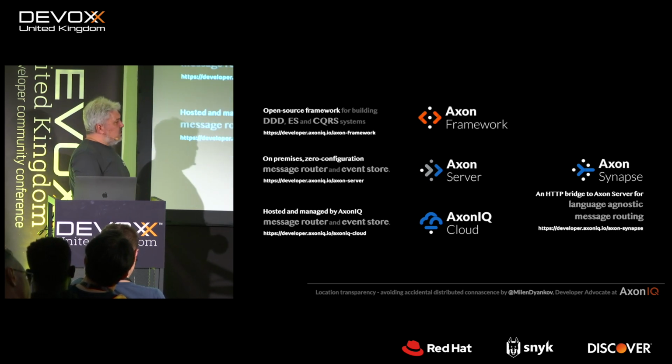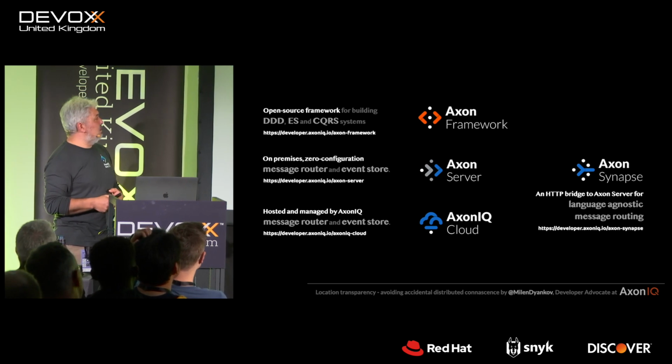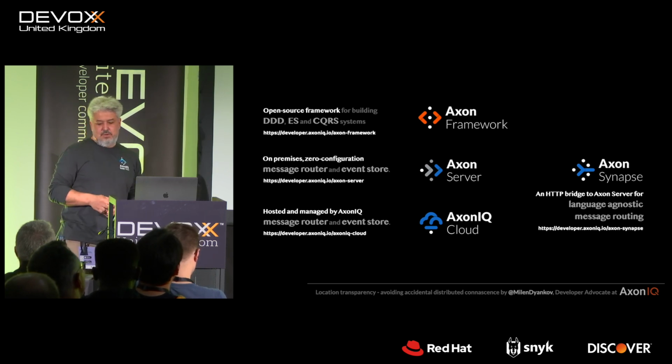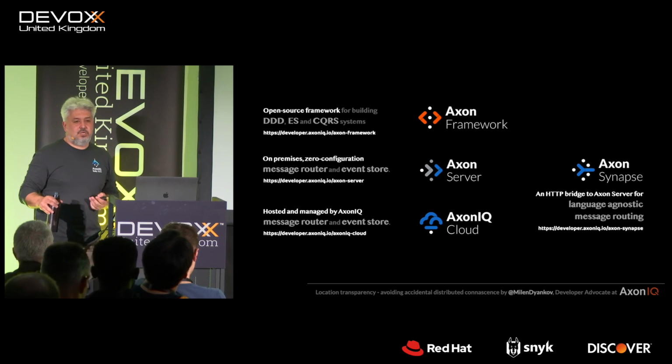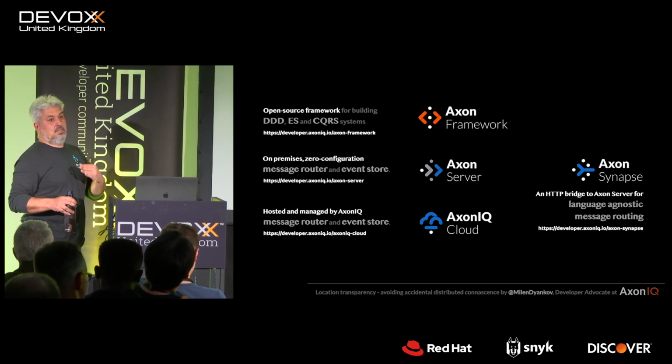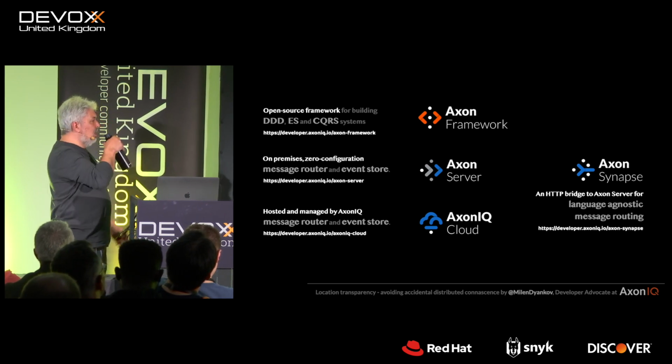And so I'll leave you with information about those tools. As I said, Axon Framework is a fully open source framework for Java and JVM languages. Axon Server is a zero configuration router, so you just install it. It's one jar file. You start it, and it works out of the box.